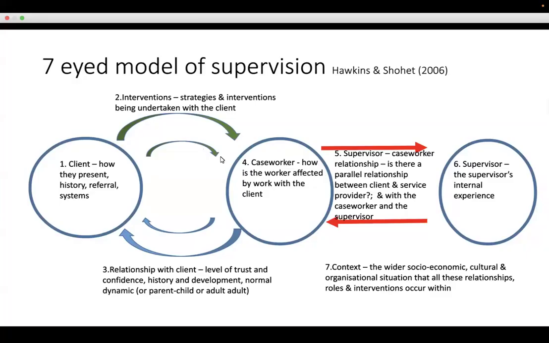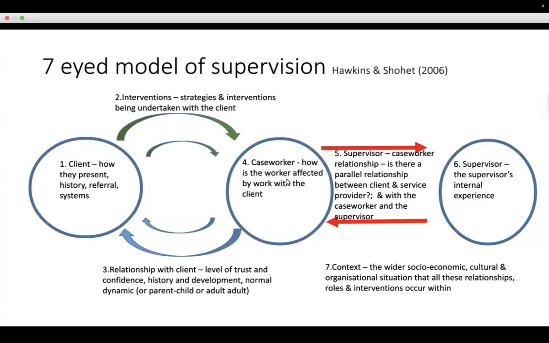So the fourth element is about you as a social worker. Sorry, here we have caseworker, because that's exactly the concept that Hawkins and Shohet, who elaborated this model, have used. But here it's really broadly about you as a social worker.